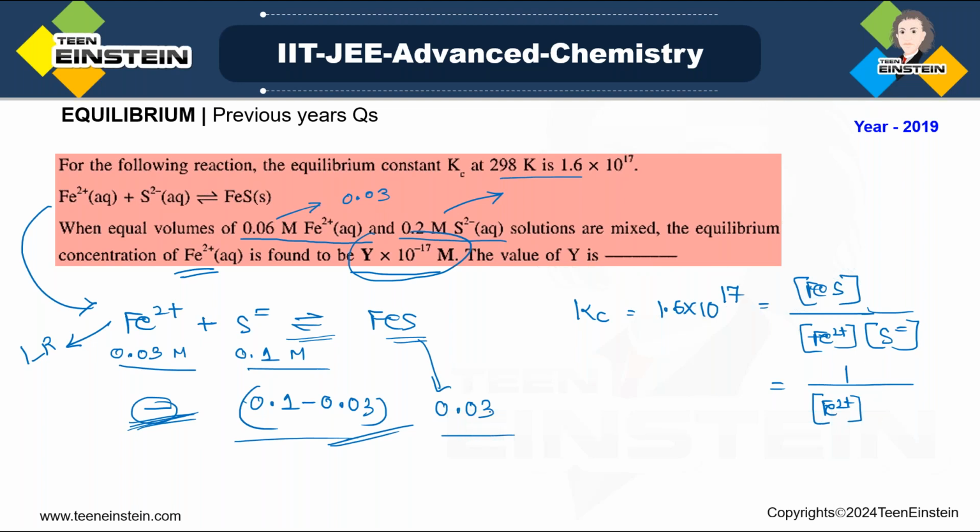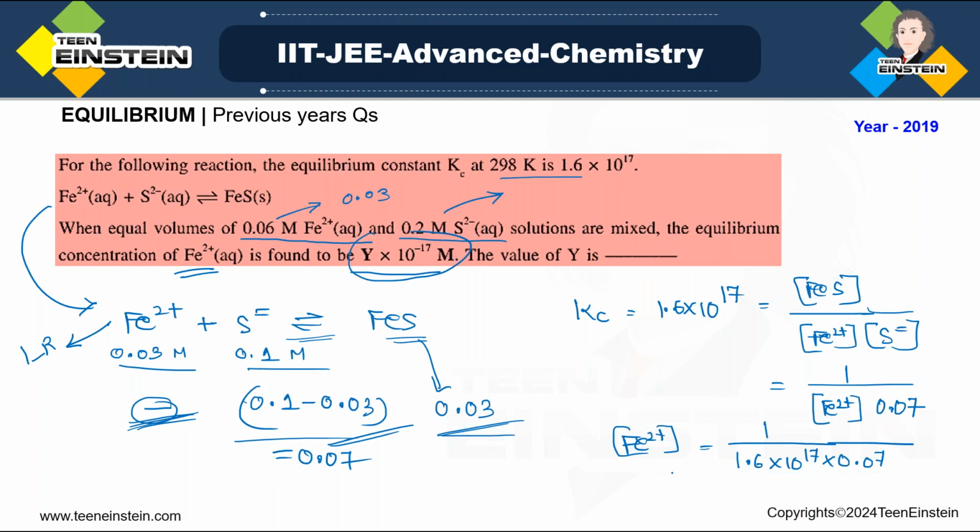In the equilibrium expression, don't write the FeS concentration, that will not be correct. FeS, we will not write its concentration. So Fe2+ will be equal to 1 divided by 1.6 × 10^17, with the sulfide concentration 0.07.